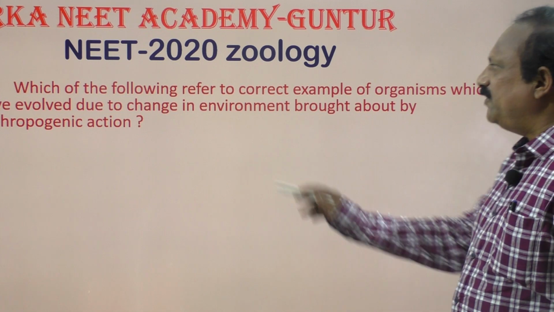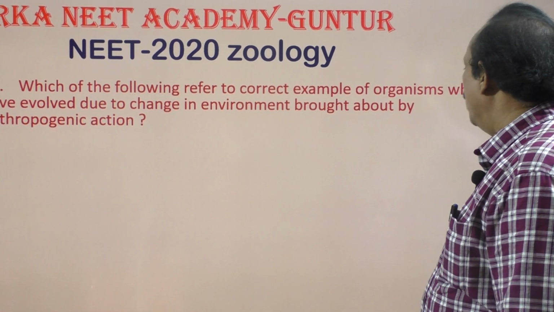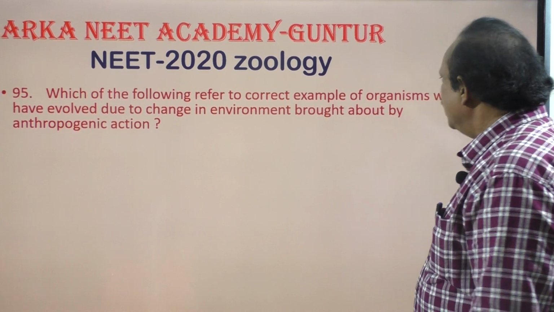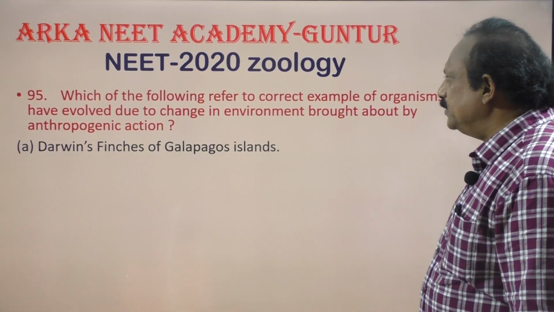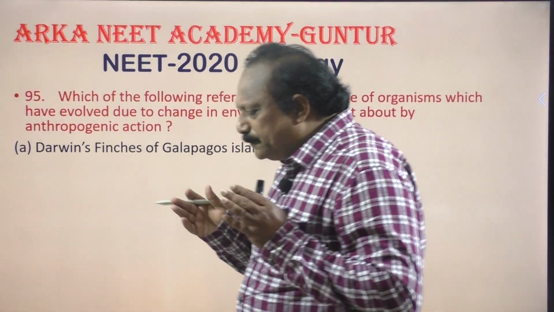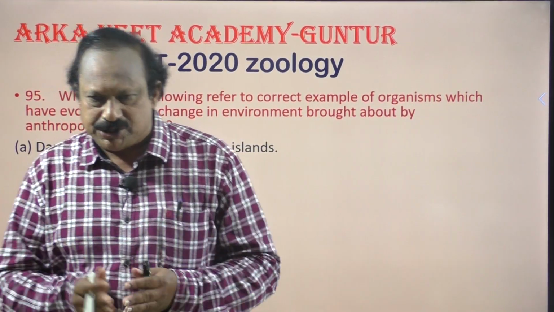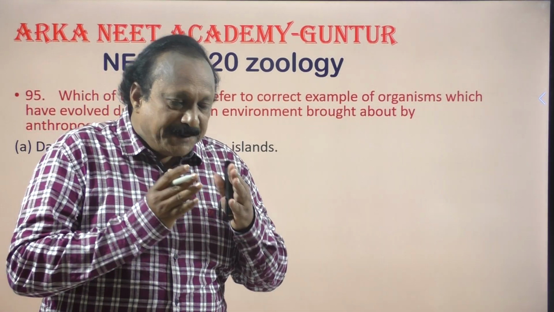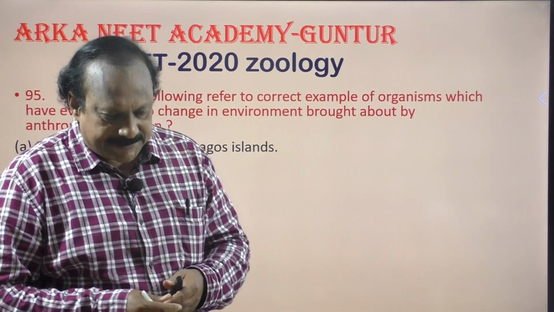Next, which of the following refers to the correct example of organisms which have evolved due to the changes in the environment brought about by the anthropogenic action? Anthropogenic means human action. By human activity, some species evolution takes place.